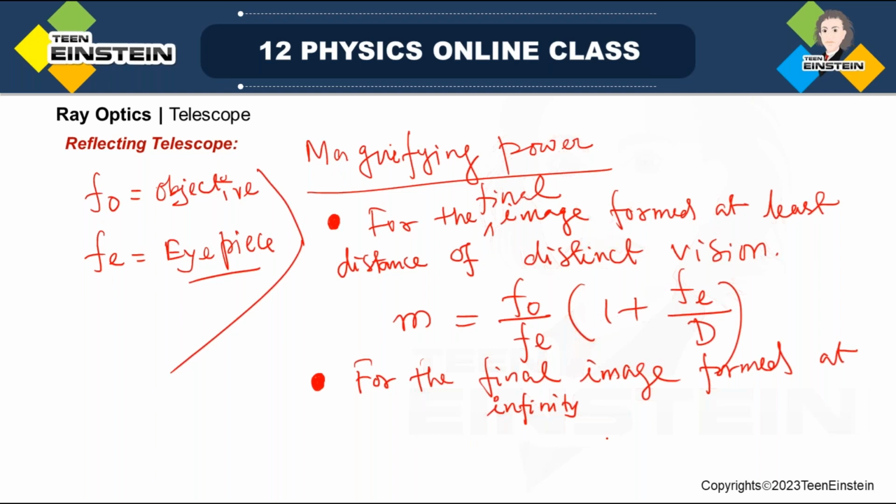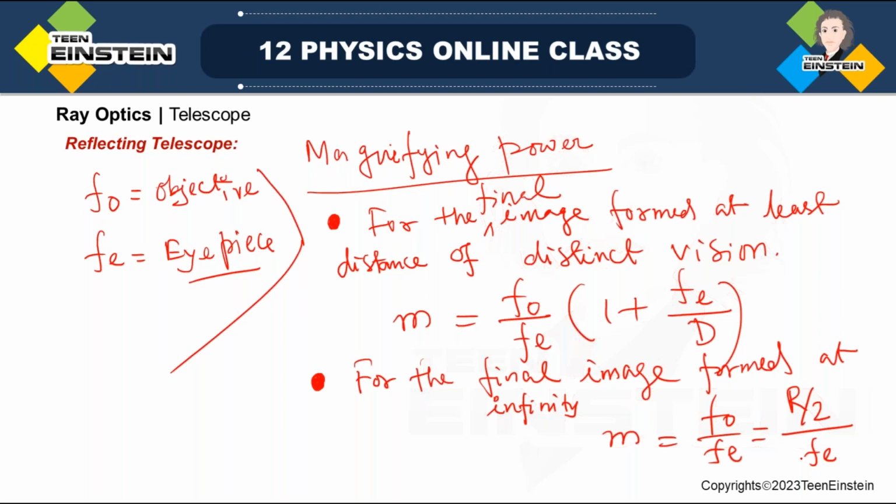What is the magnification here? FO by FE. Or FO means R by 2, the radius of curvature of the objective mirror divided by FE, the focal length of the eyepiece.